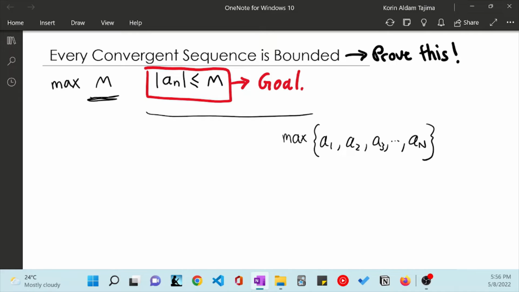So if we know there's a maximum up until then, all we have to do is figure out is there a maximum after that. That's where the limit definition comes in.